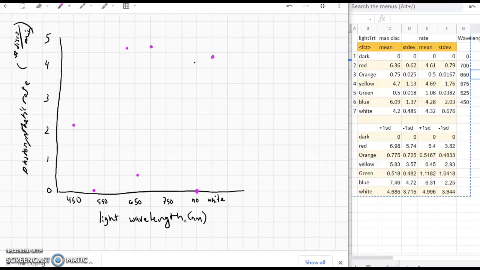Alright, so if I'm putting a best fit line in this case, I'm not going to include the no light and the white light. They're just there. It's kind of hard for this one. If you wanted to do a dot to dot, you could, instead of a best fit line, do that, and you just kind of connect your points.